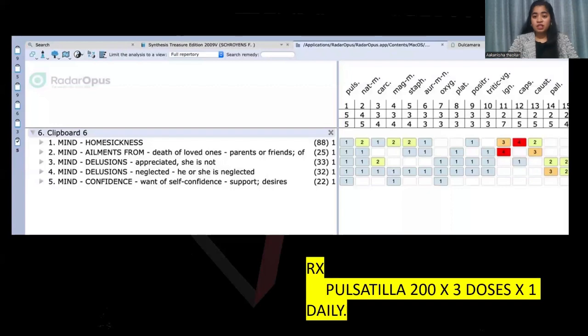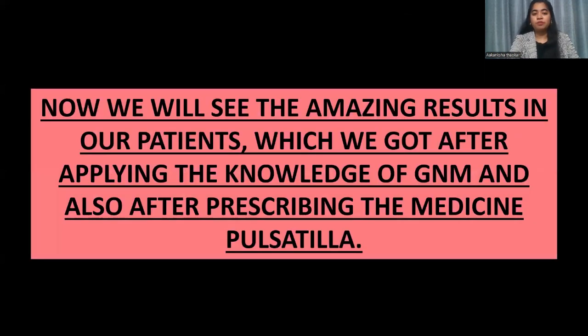So from this history, the medicine which we prescribed to the patient was Pulsatilla. Now, we will see the amazing results in our patient which we got after applying the knowledge of GHK and also after prescribing the medicine.